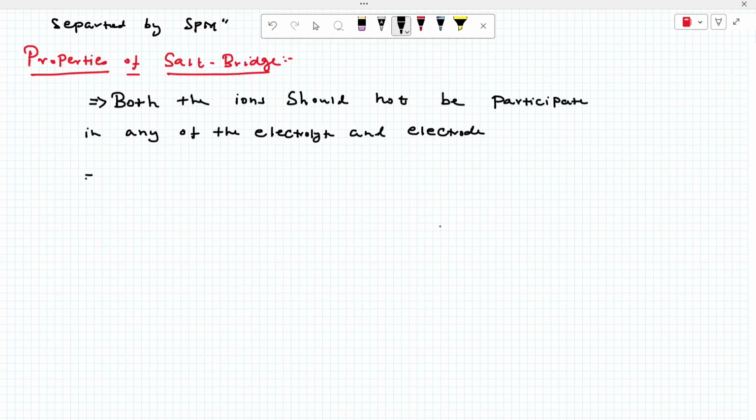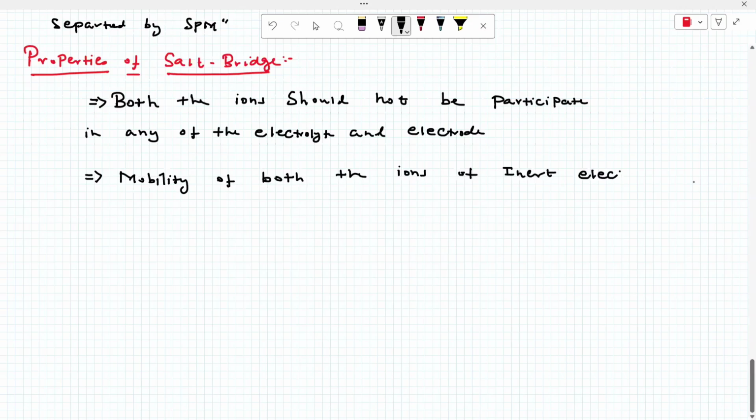And second point, the mobility of both the ions of inert electrolyte should be same. Okay, this please very important.